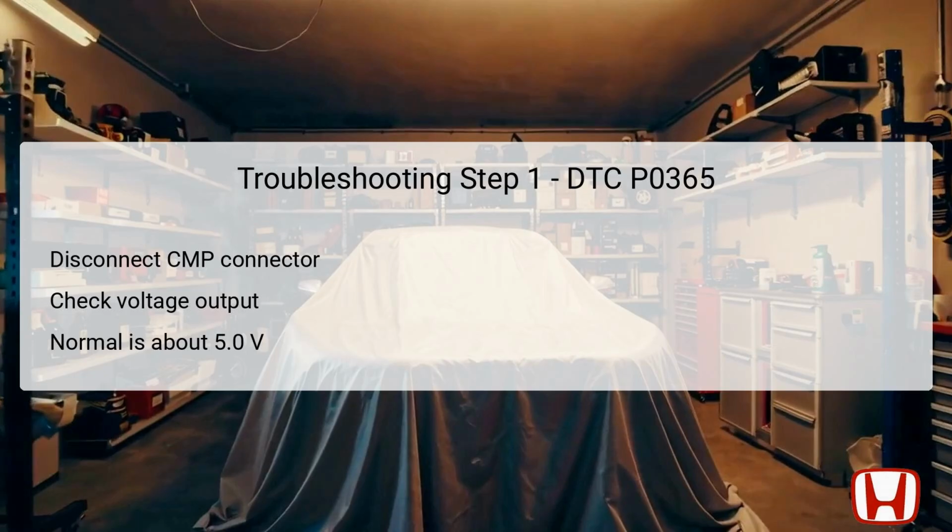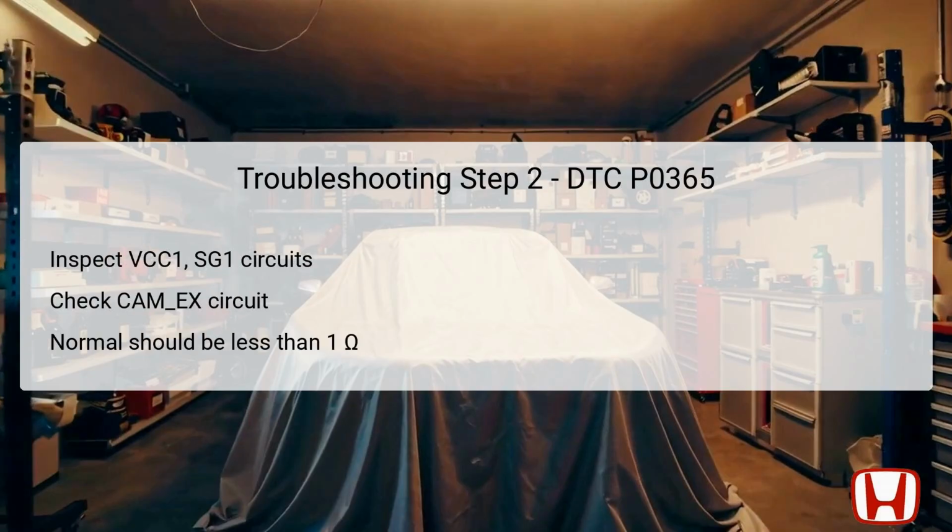If this voltage reading is present, the CMP sensor is likely functional, and the problem may lie elsewhere in the circuit. However, if the voltage is significantly below this threshold or absent, it indicates a potential fault with either the CMP sensor B or related components, necessitating further investigation.